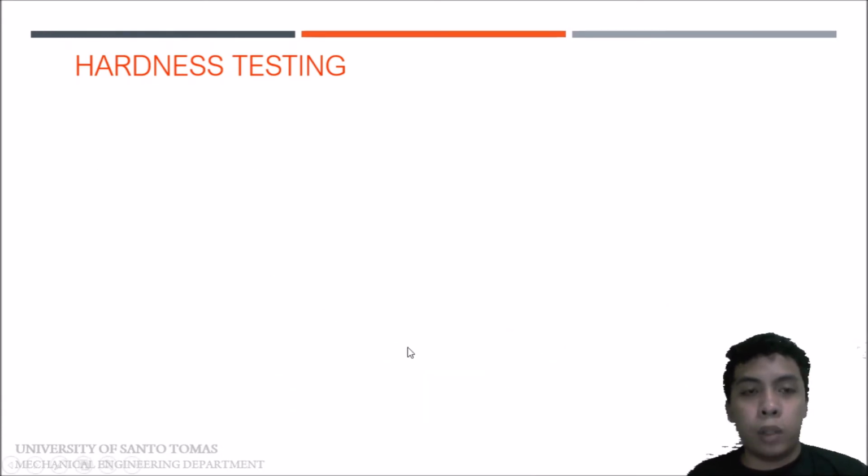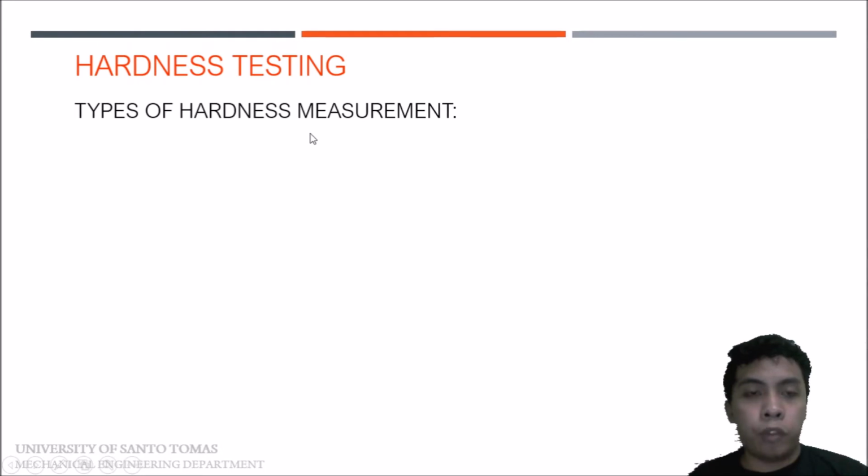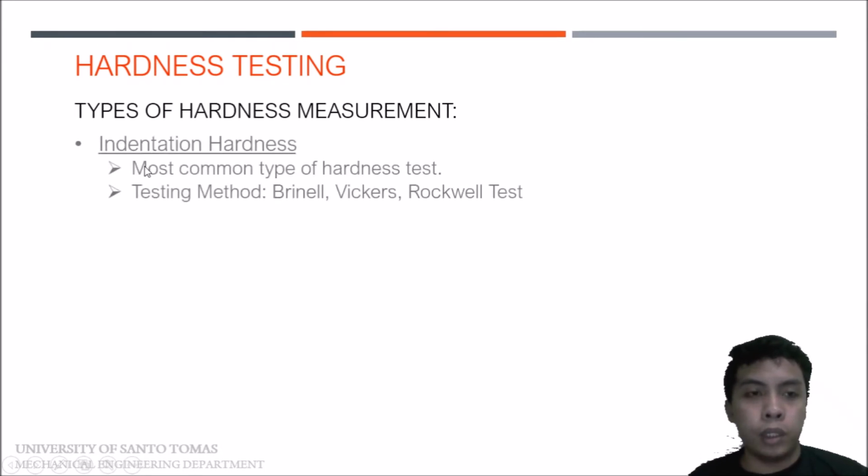Next, let's talk about the different types of hardness testing. So meron tayong three types. The types of hardness measurements are, first, indentation hardness. Yung indentation hardness, ito yung dinefine kanina, no? Wherein naglalagay tayo ng indention to a surface of the material.